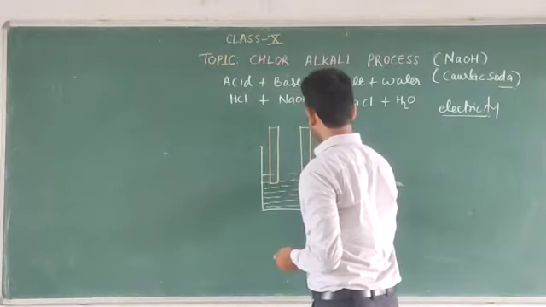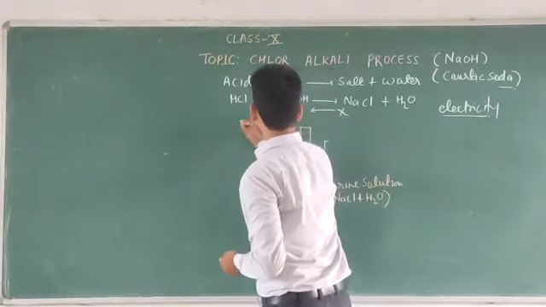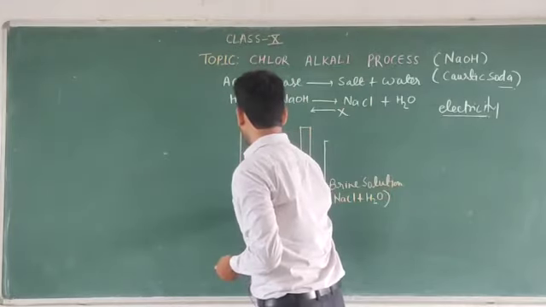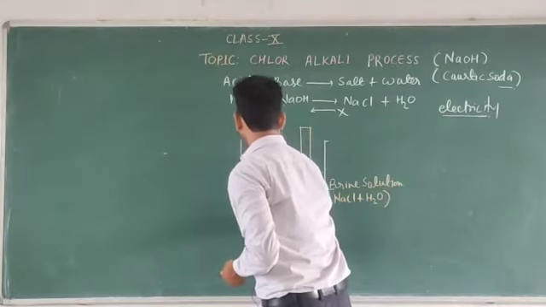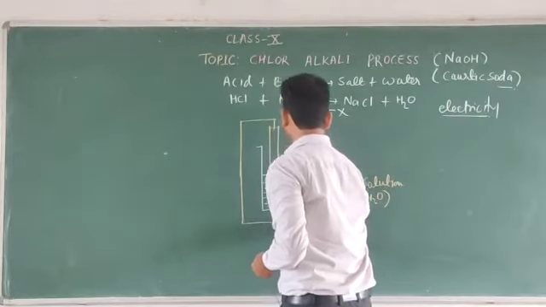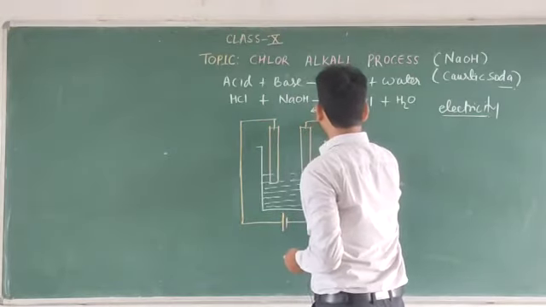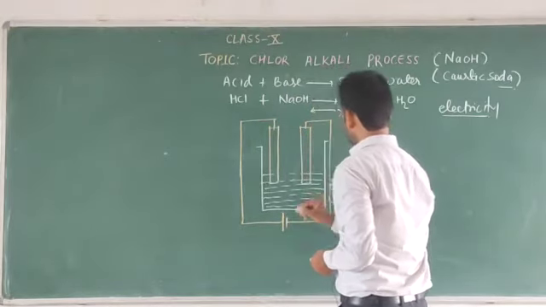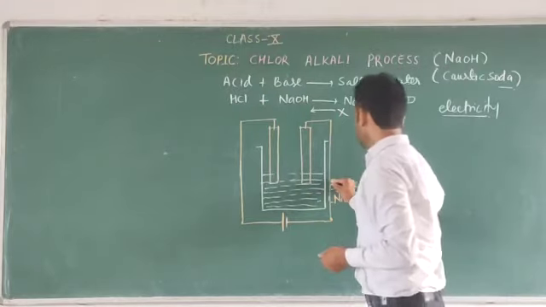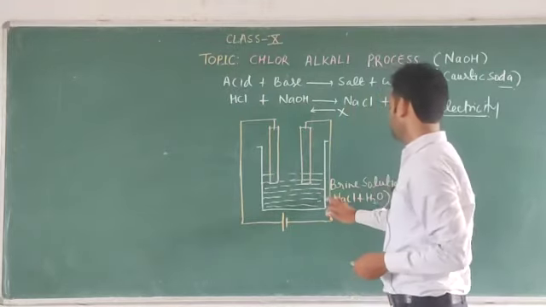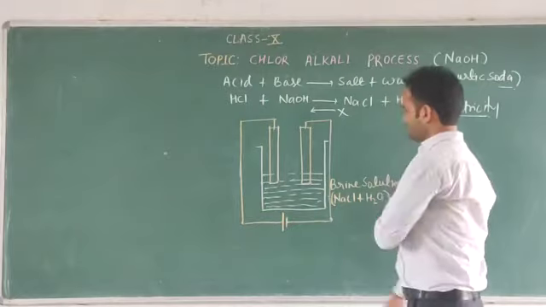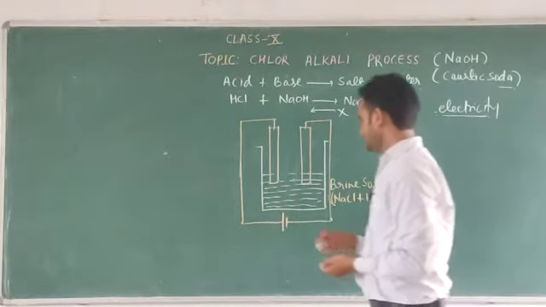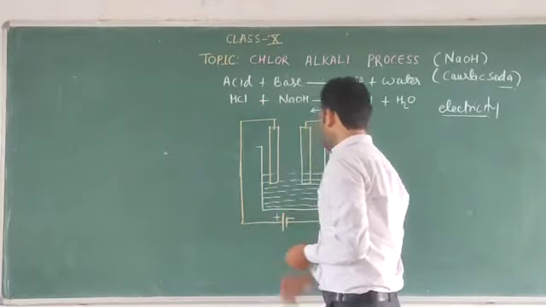We are taking two carbon electrodes here, and after that we attach these electrodes to the terminals of the battery like this. Let us say this is the positive terminal and this is the negative terminal.